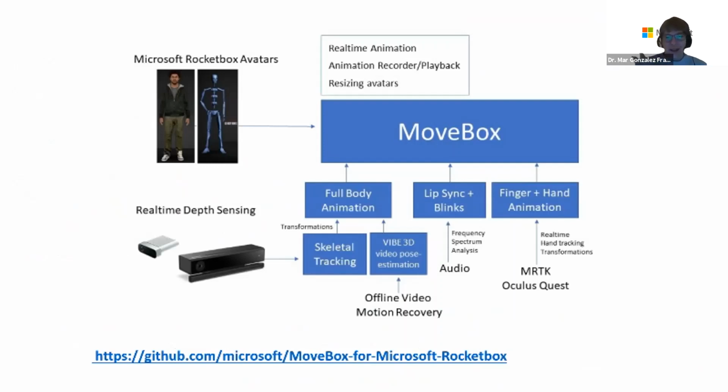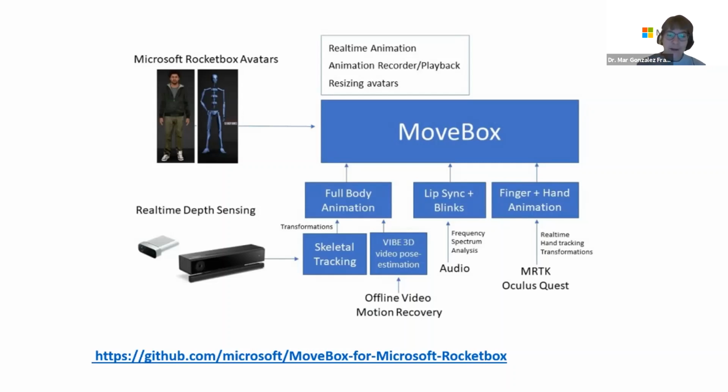MoveBox has multiple boxes inside. I will go a bit around that, but the main idea is that you can use real-time animation, record it, and play it back. For doing that, we use either real-time depth sensing cameras like Kinect version 2 or Azure Kinect. We use the Rocketbox avatars, which are rigged. We do skeletal tracking and transformations to adapt the skeletons from these cameras and the skeletons that come with the avatars.